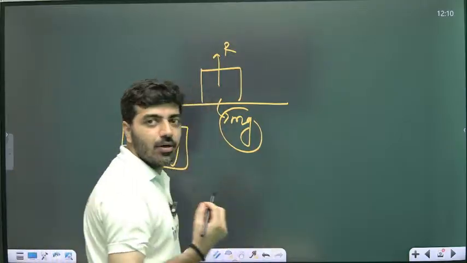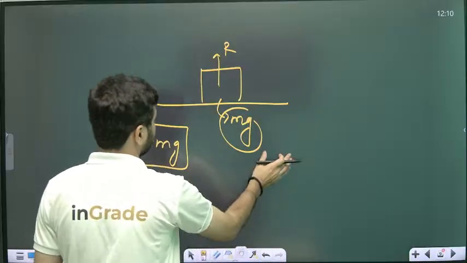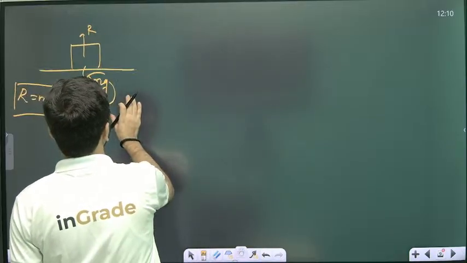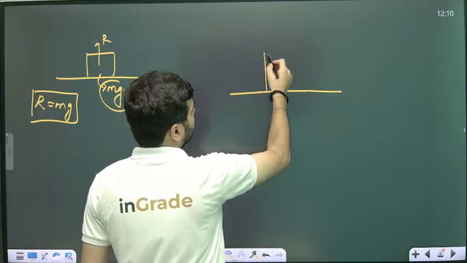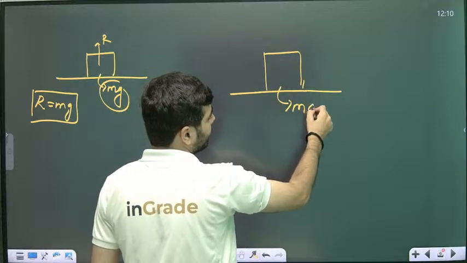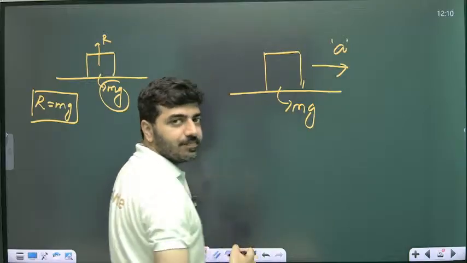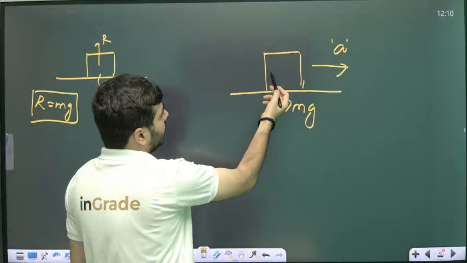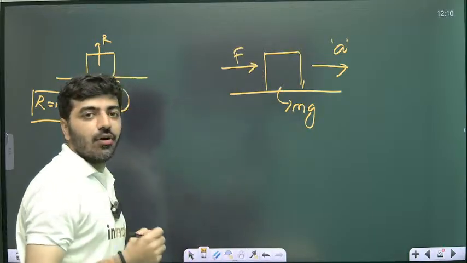Let's say the body is moving with a velocity v. This is a body of mass m, total weight will be mg. This time the body is moving with acceleration a. If we apply any external force, let's say F, then what will be the reaction?